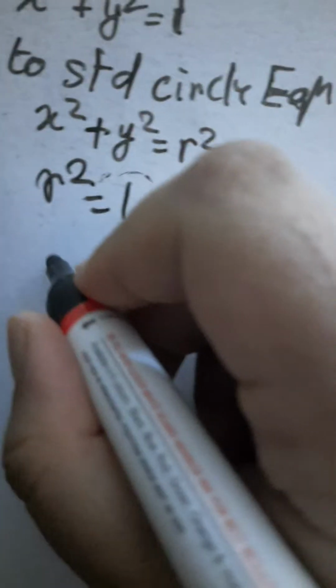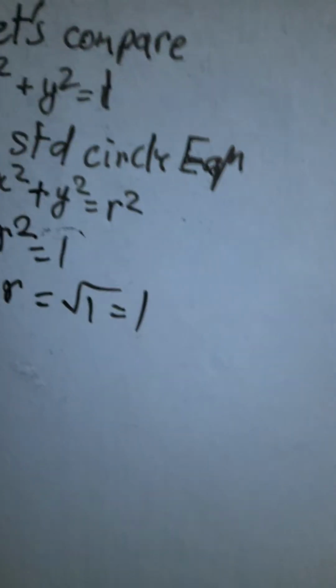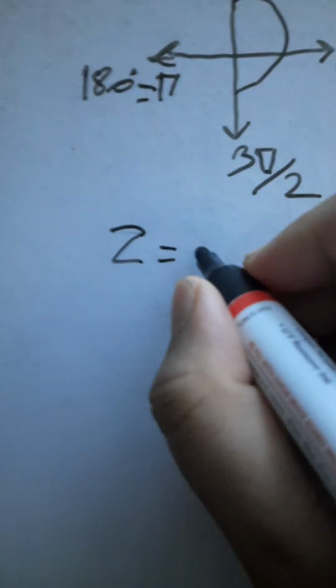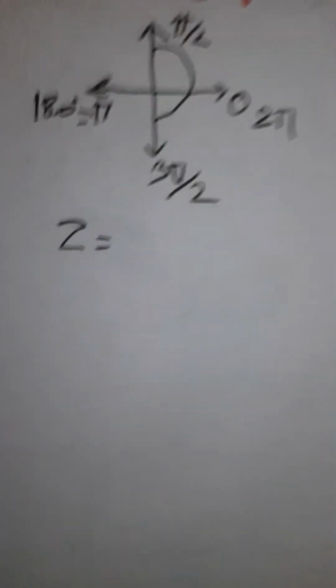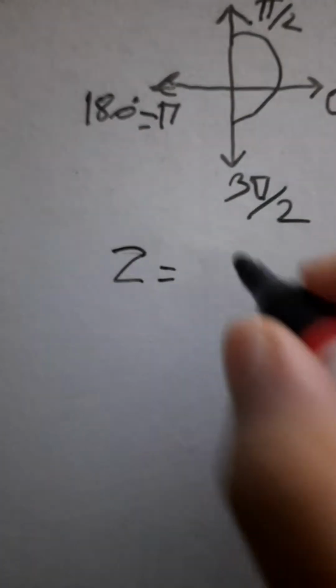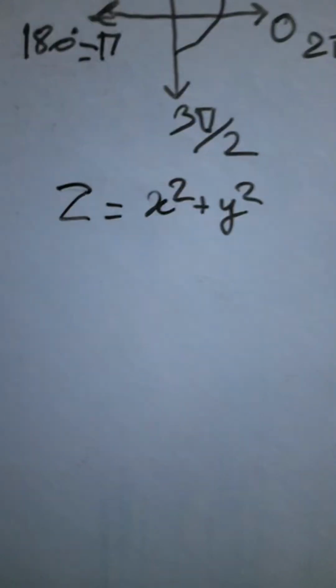So r square equal to 1. Now root r square is r, root 1 is 1. So r is equal to 1. Now we know from complex numbers that z is equal to x plus iy in Cartesian form.